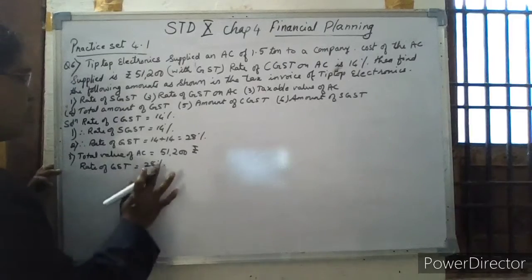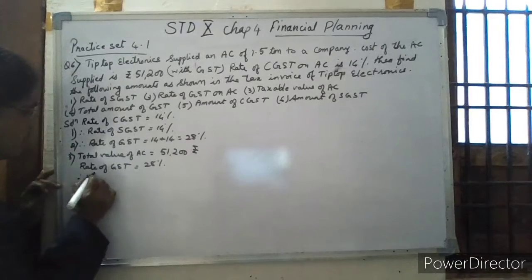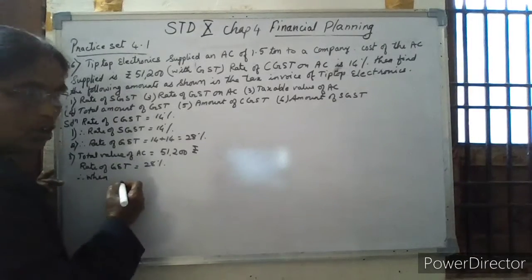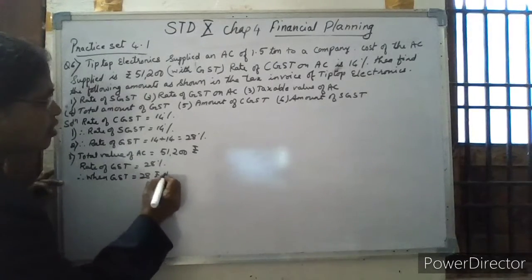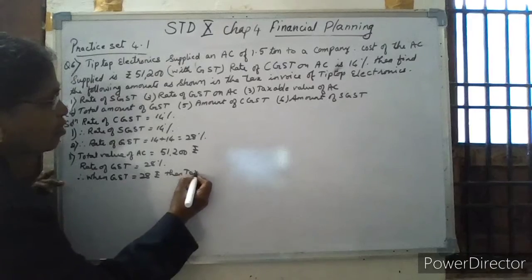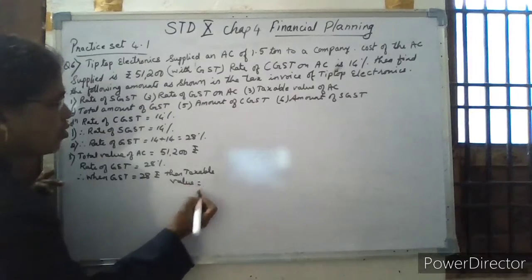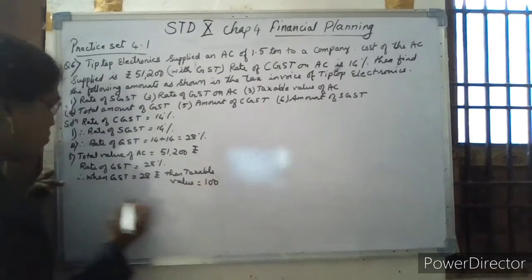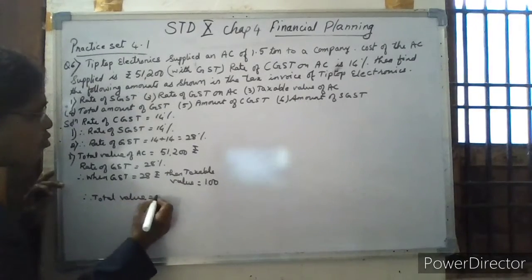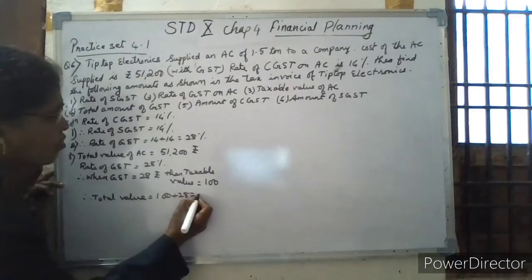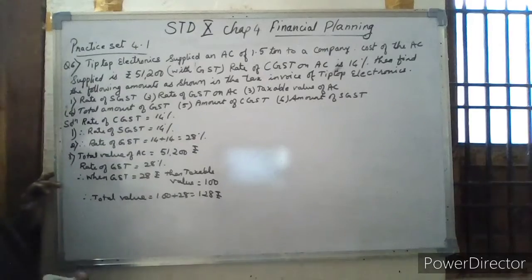Now rate of GST is 28%. Therefore, just like the previous question, when GST is 28 rupees, then taxable value is equal to 100 rupees. Therefore, total value is equal to 100 plus 28, that is equal to 128 rupees. This is the total value we got.